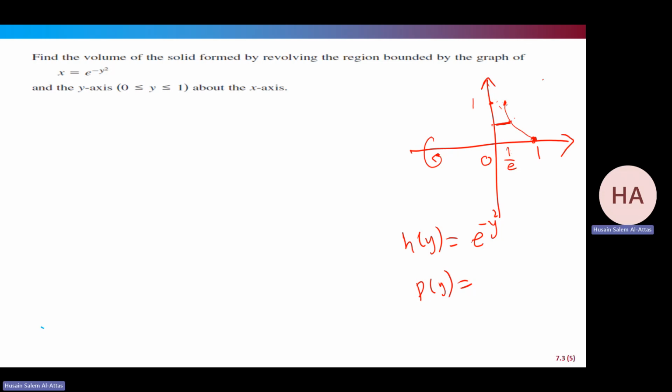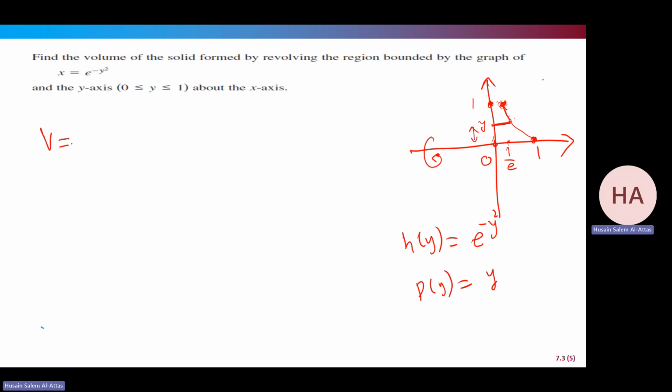Now, if this is y, what's the distance to the axis of revolution? It will be y. And the limits from where to where? From 0 to 1. The y values from 0 to 1.